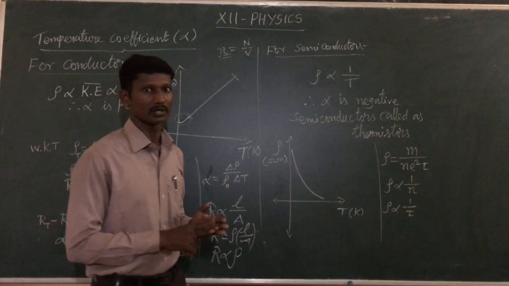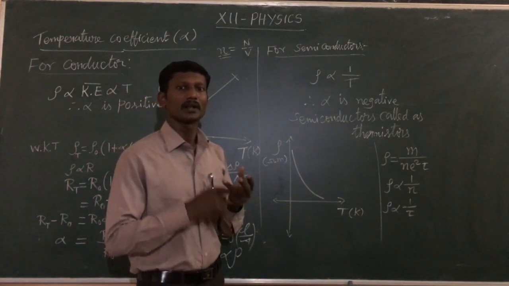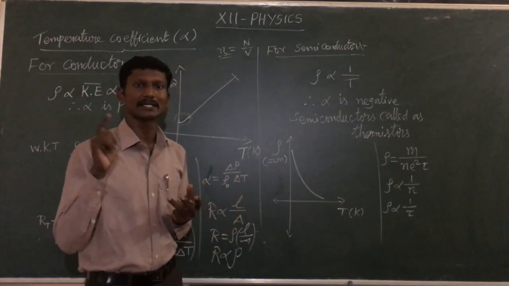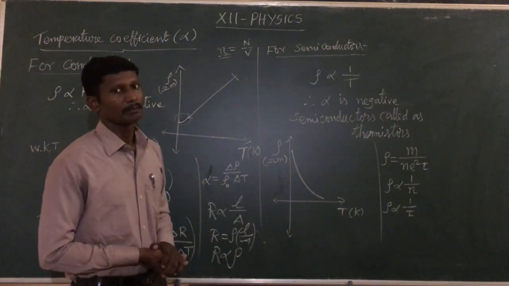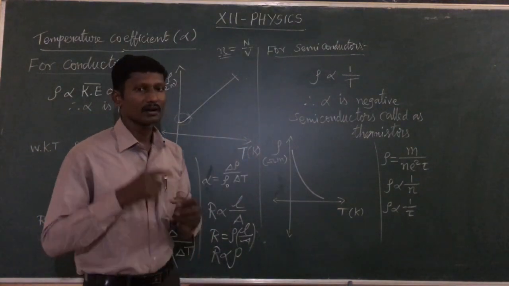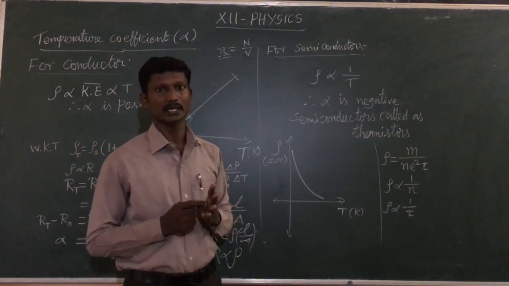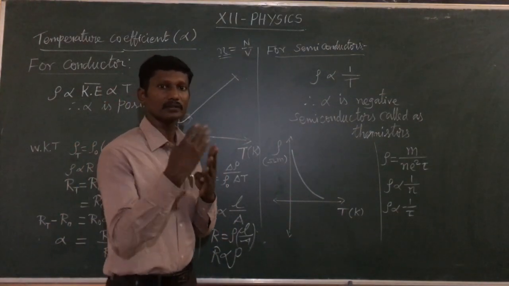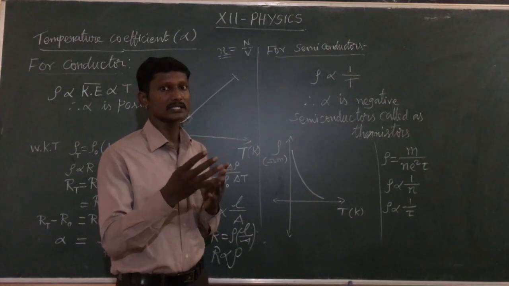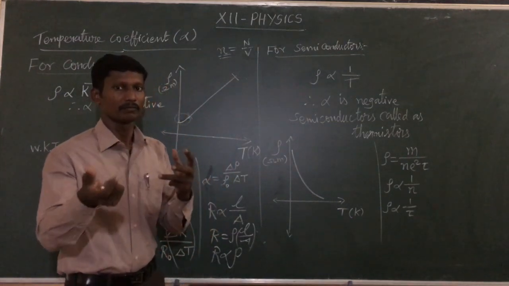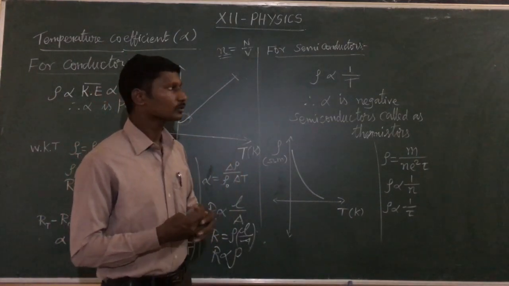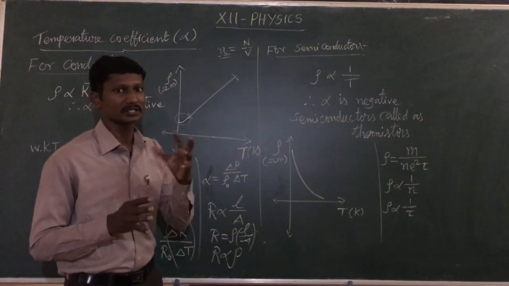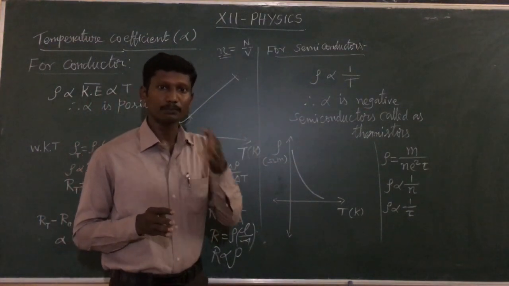That is the octet rule. Due to this rule, 8 electrons in the last orbit means the atom is stable. But in a semiconductor, the last orbit has 4 electrons. To be stable, it would either donate the 4 electrons or accept 4 electrons from other atoms. So it is of a semi type, somewhere in the middle.